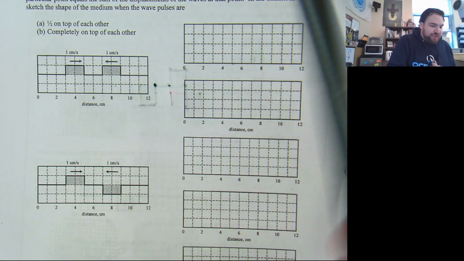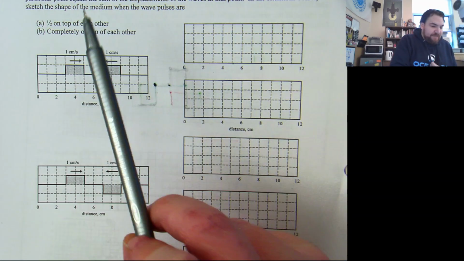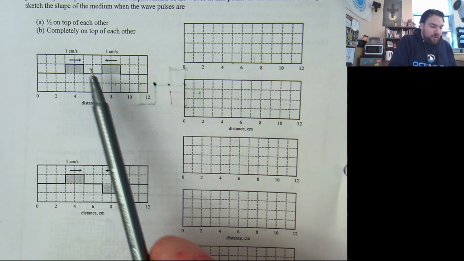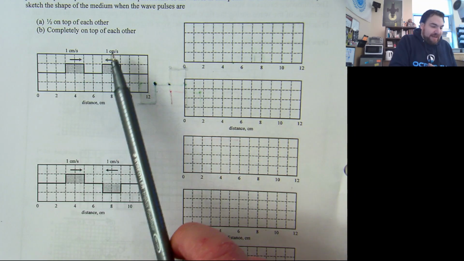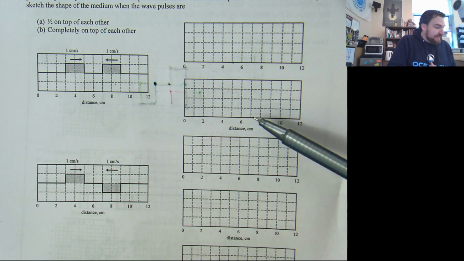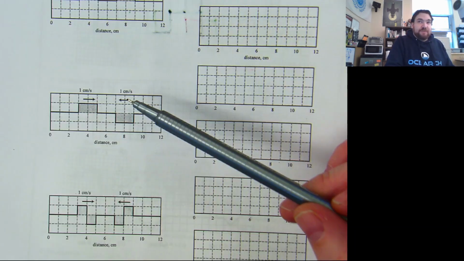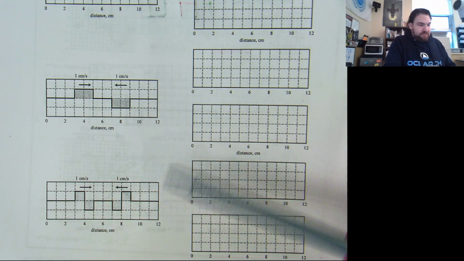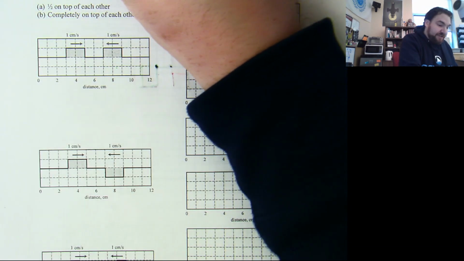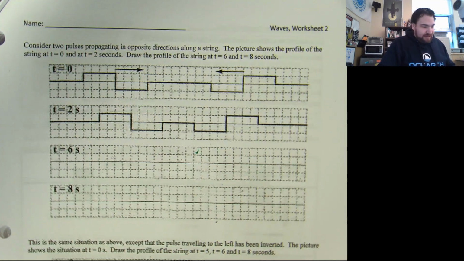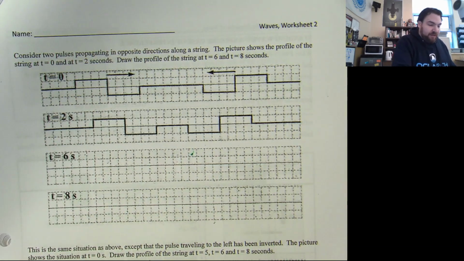They just say, I want you to draw what it looks like for the 2 waves to be half on top of each other, so overlapped half in the top one, and completely on top of each other in the bottom one. So what will that look like in each case? I want you to practice with this page. Flip the page. I want you to take a look at this one as well.